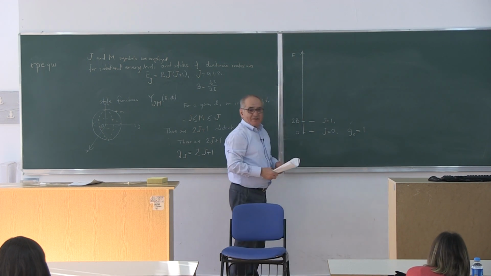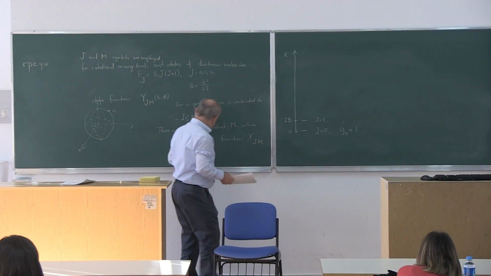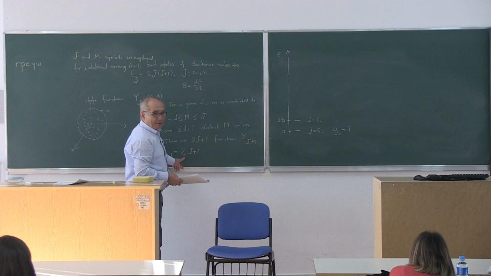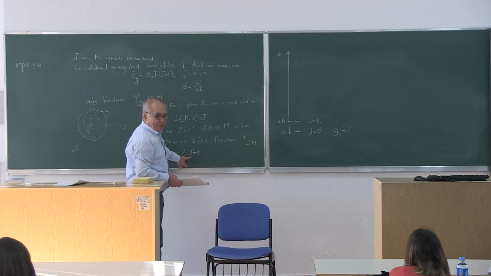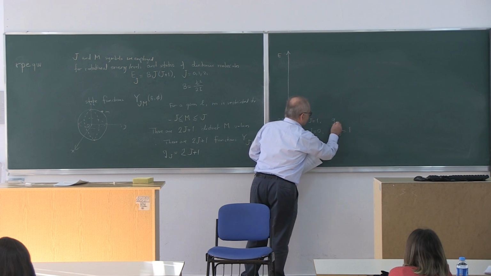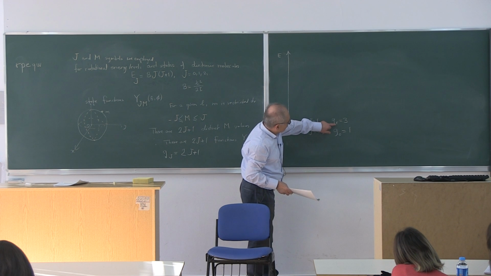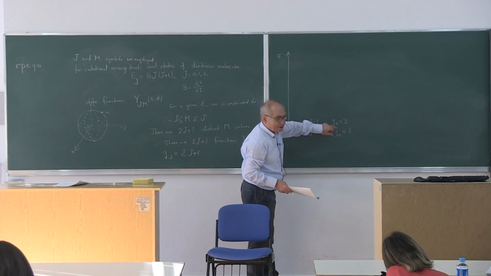What is the degeneracy of this rotational level? From this expression, 2 times 1 plus 1. So it is 3. The subscript is J subscript.